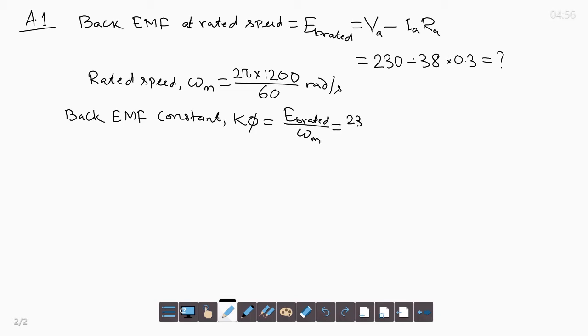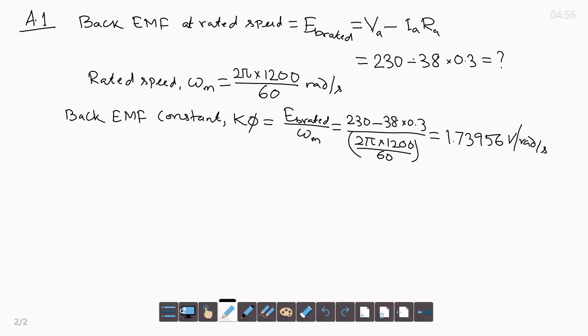That is 230 minus 38 into 0.3, divided by 2 pi into 1200 by 60 radian per second. You compute it, it is 1.73956 volt per radian per second. This is the motor parameter, the motor back EMF constant.